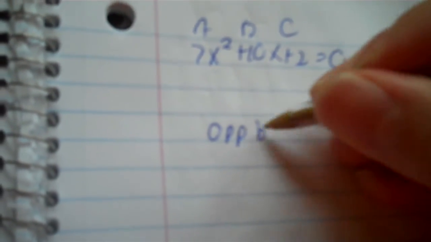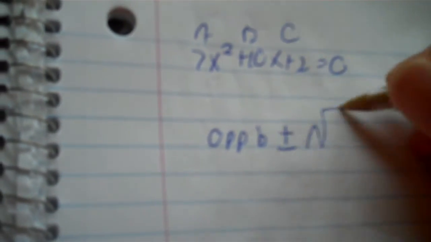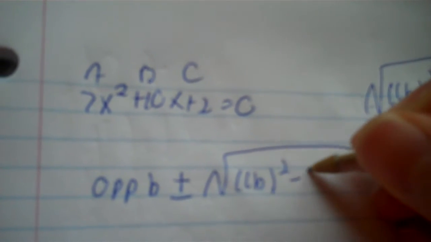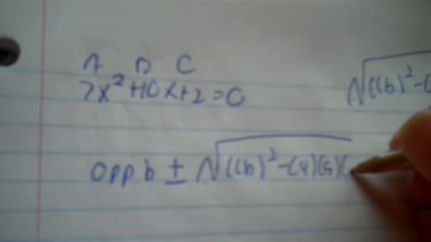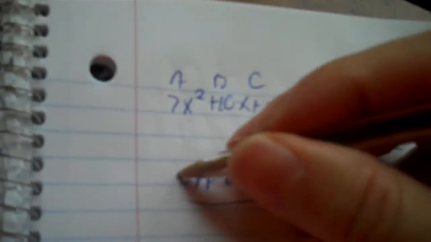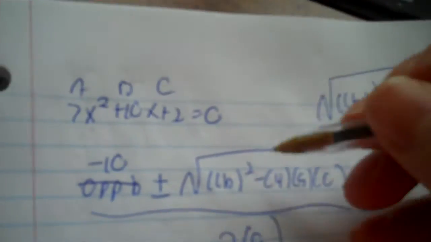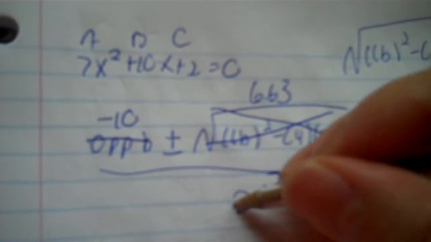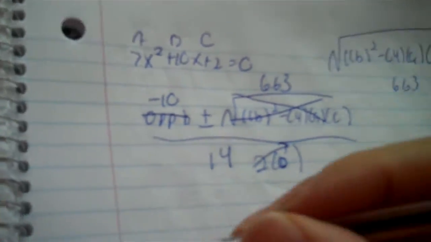Opposite of B, plus or minus the square root, b squared minus 4ac, over 2a. Now the opposite of b would be negative 10, and this square root, we've already figured that out as 6.63. And then a is 7, 2 times 7 is 14.